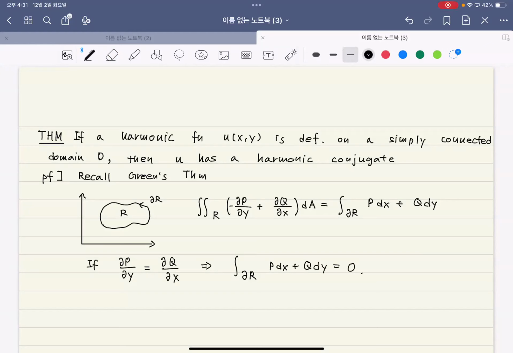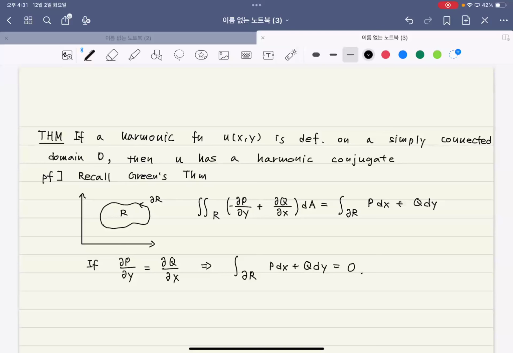I want to change this condition a little bit. Suppose this region is contained in some slightly larger simply connected domain D, and suppose that this condition is true for every point in the domain.